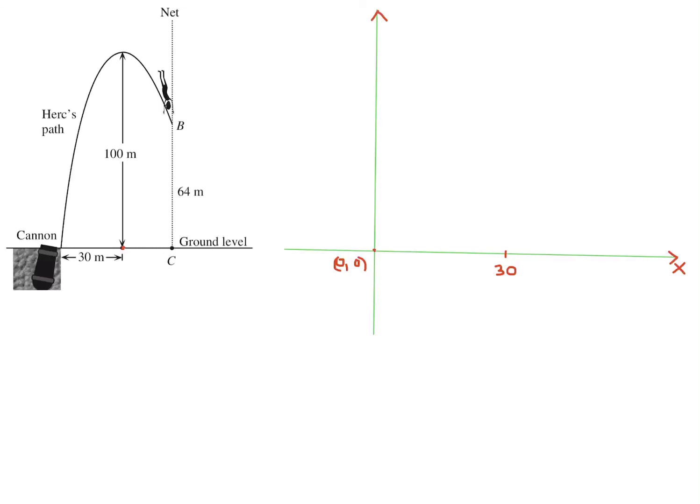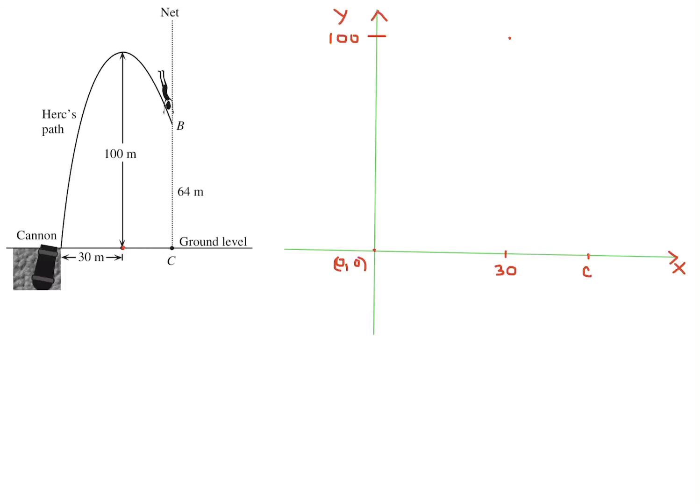And I will make, obviously, the parabola hit its peak right here. And that, if you look on the y-axis, it will correspond to 100. And then basically point C, it's approximately somewhere here. So I'll call that C right there.